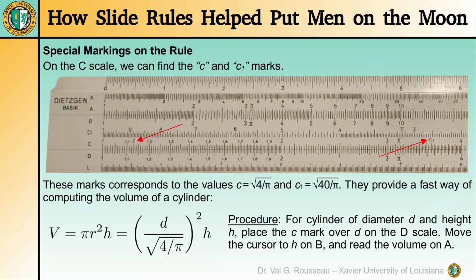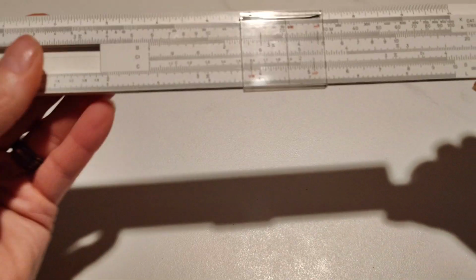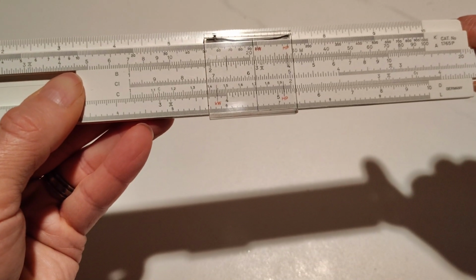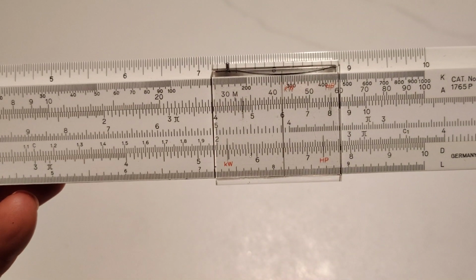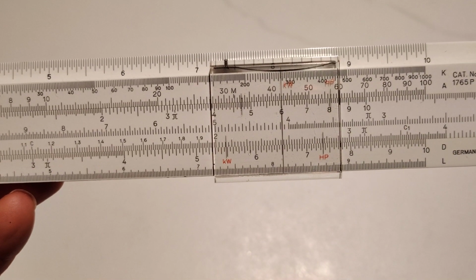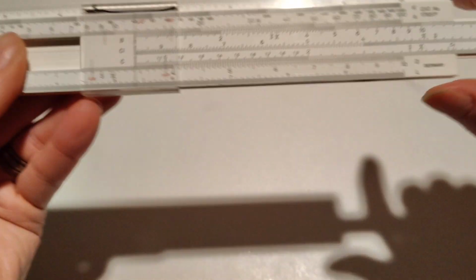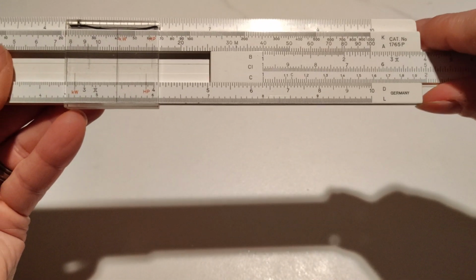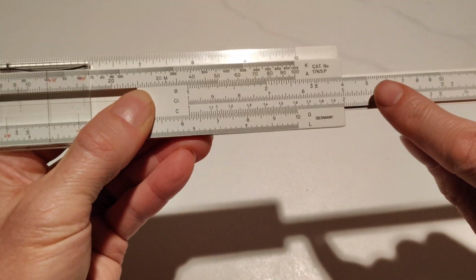For example, let us compute the volume of a cylinder of diameter 3 inches and height 6 inches. All we have to do is to place the C mark over 3 on D and move the cursor to 6 on B. We read the volume on A, 42.4 cubic inches. If instead we want the volume of a cylinder of diameter 7 inches and height 5 inches, we can't use the C mark because the 5 on B is out of range.